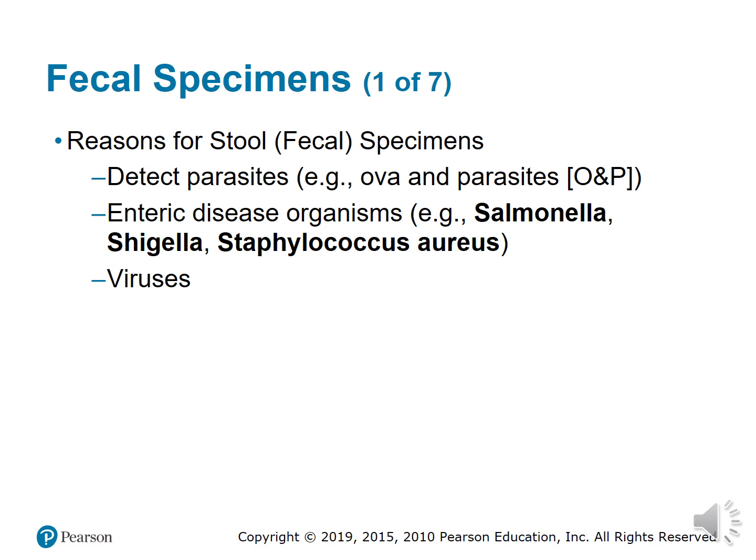Another sample we'll be collecting from a patient is called the fecal specimen, or stool. Usually when we have to collect fecal samples is for the patient who has maybe blood in their stool. That will be called occult blood. You might want to run an O&P to check for ova and parasites.